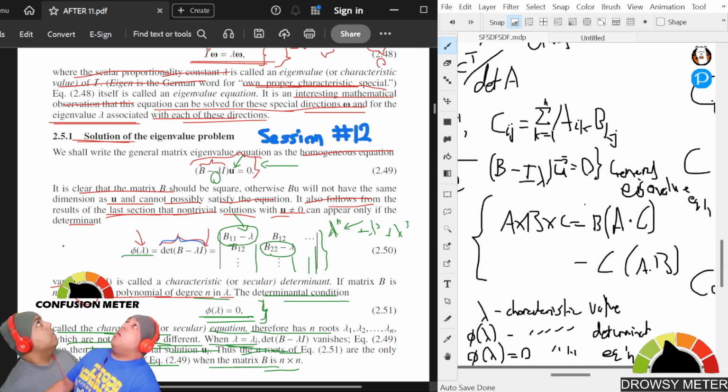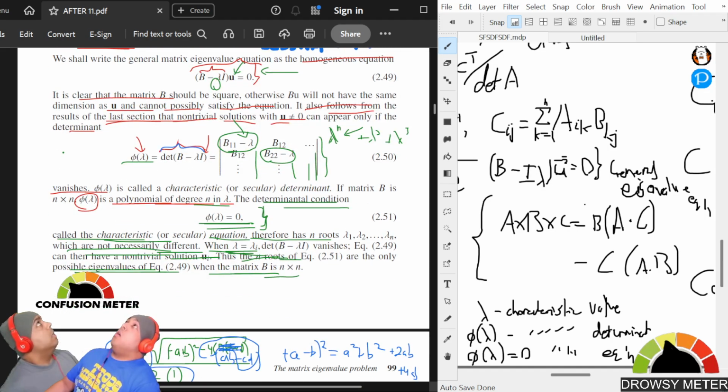Characteristic determinant: matrix B is N by N. It is a polynomial of degree N in lambda. Therefore, it has N roots, which are not necessarily different. When lambda equals lambda_i, the determinant vanishes.